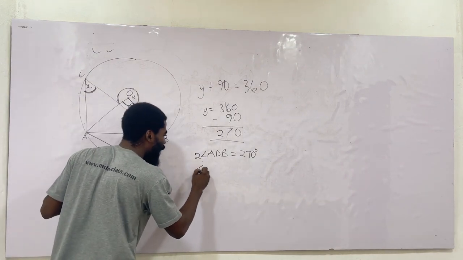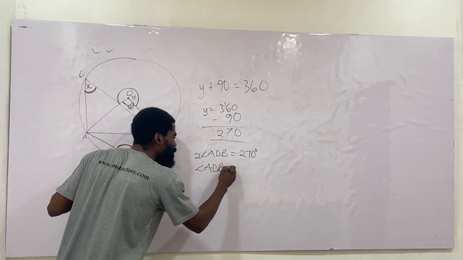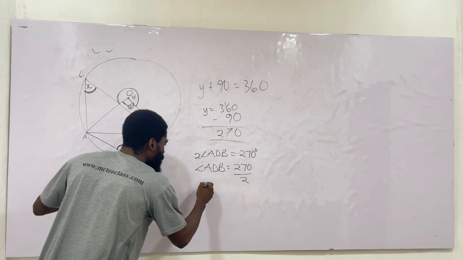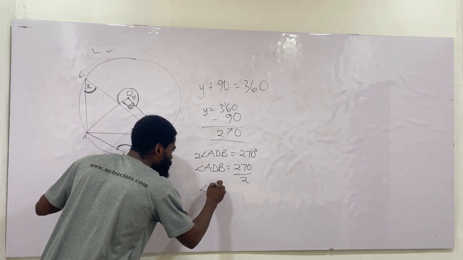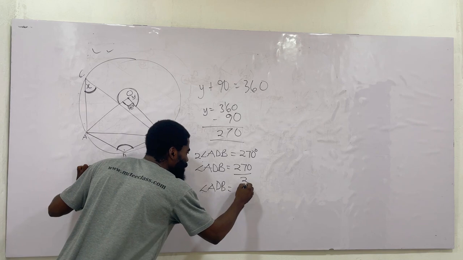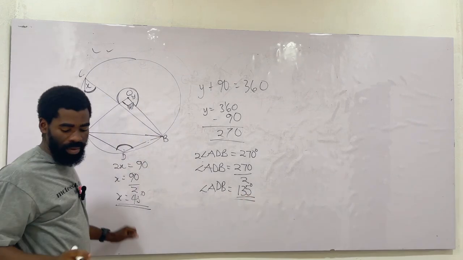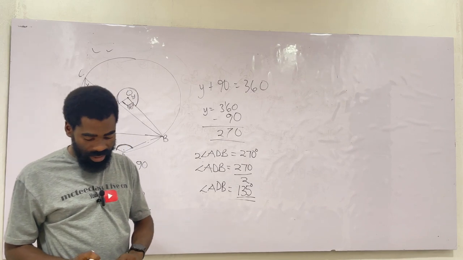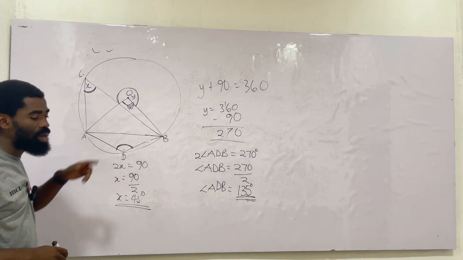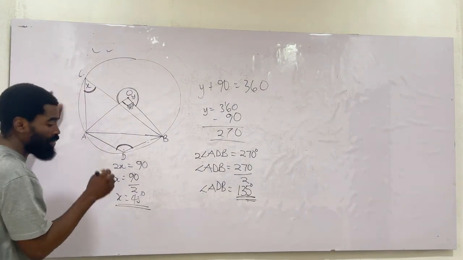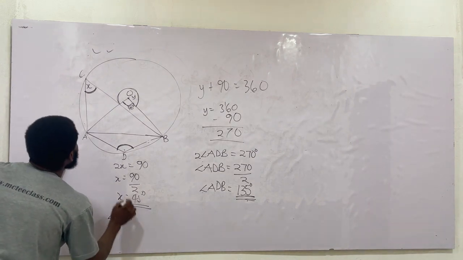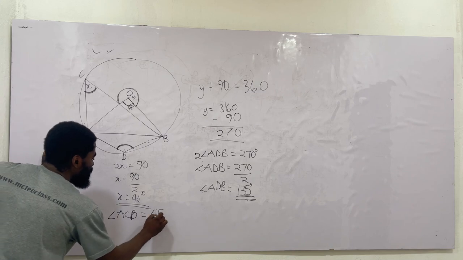So this will give me angle ADB equals 270 over 2, which is 135 degrees. So angle ADB equals 135 degrees. So I found that angle for them. And angle x was the first angle we were supposed to find, which is angle ACB. Angle ACB is 45 degrees.